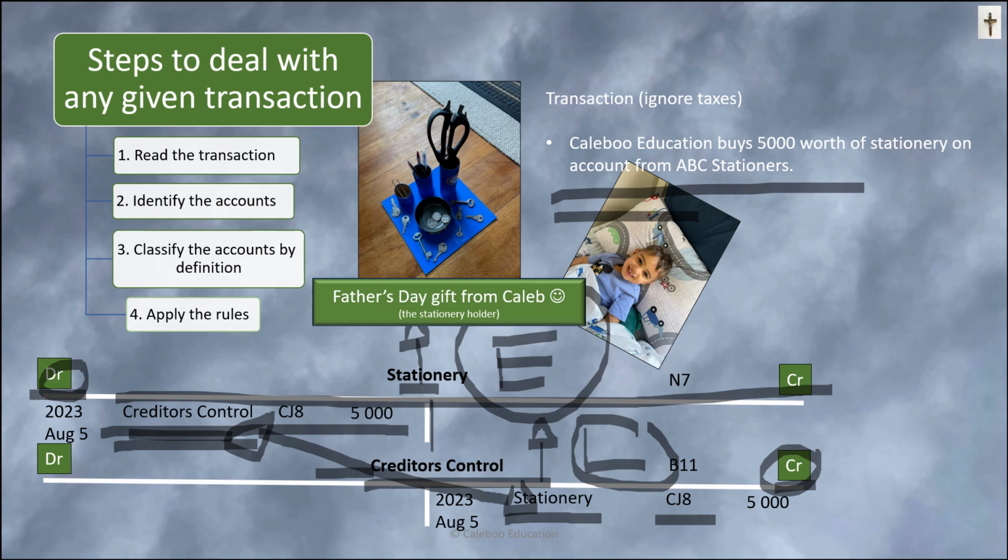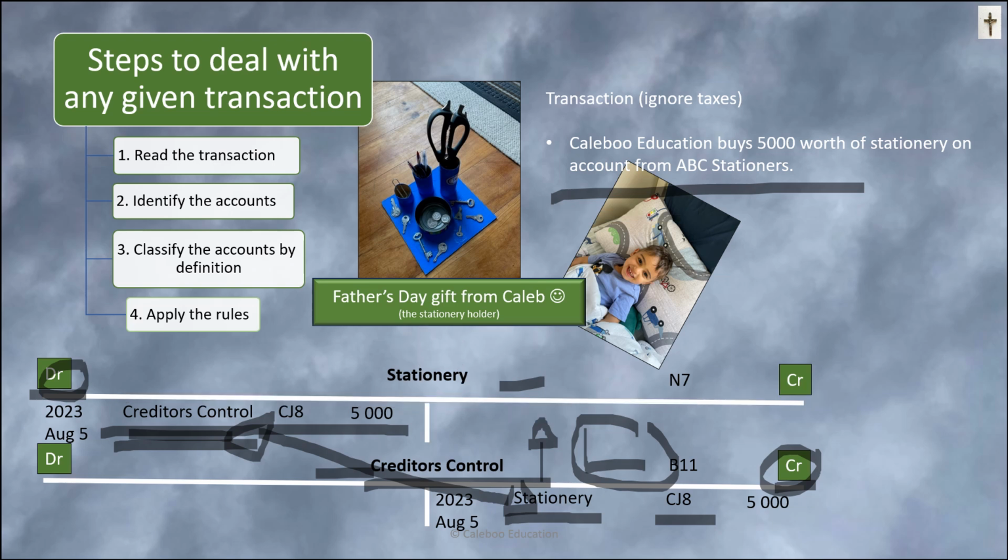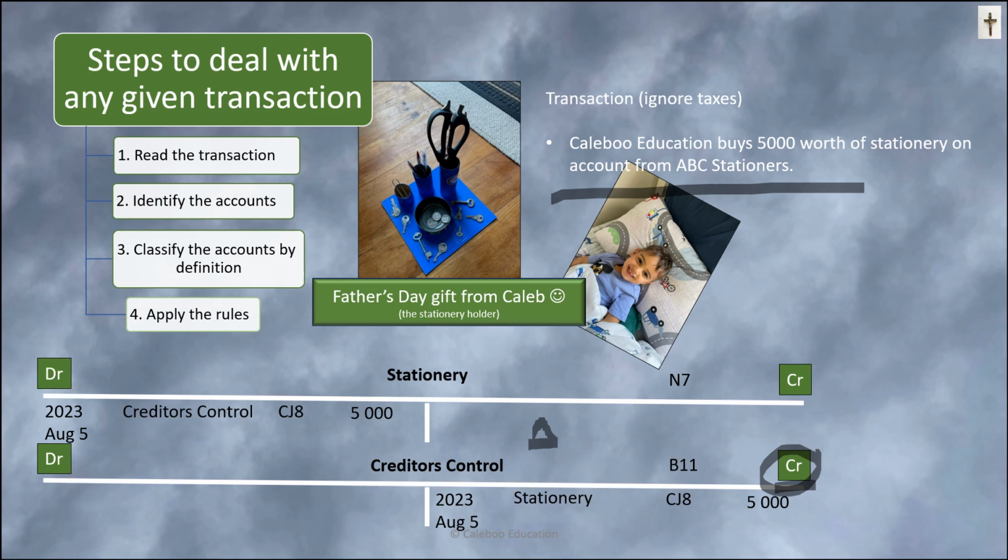Let me rub that out so you can see what the T accounts look like without any scribbles. So there you go. Stationery was debited and creditors control was credited according to the rules.